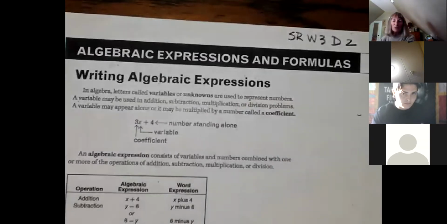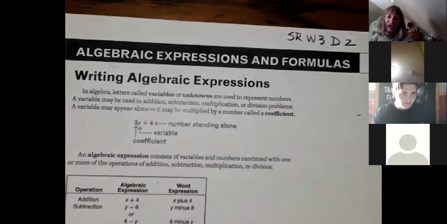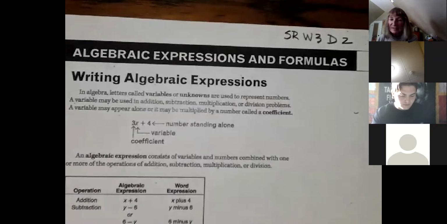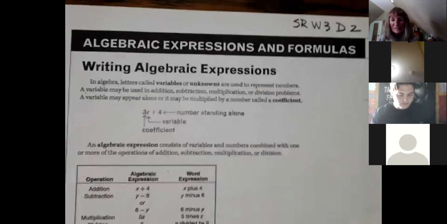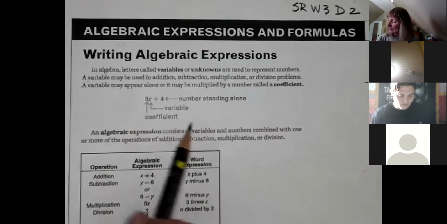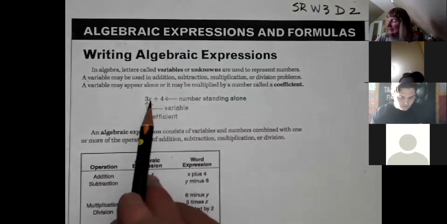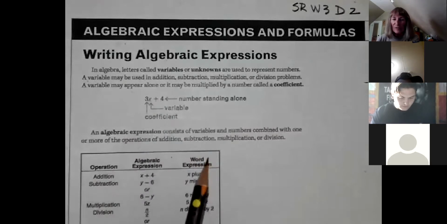The expressions that we'll use today will not have an equal sign, but they will have the other elements of equations, which are numbers, variables, and some kind of an operation, either addition, subtraction, multiplication, or division.